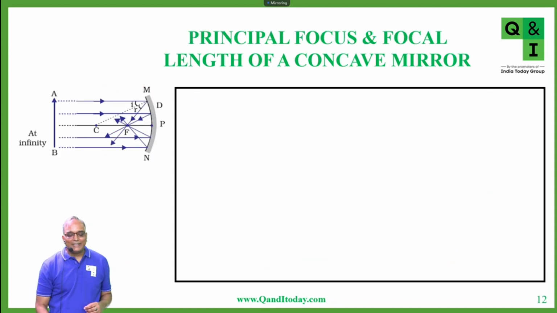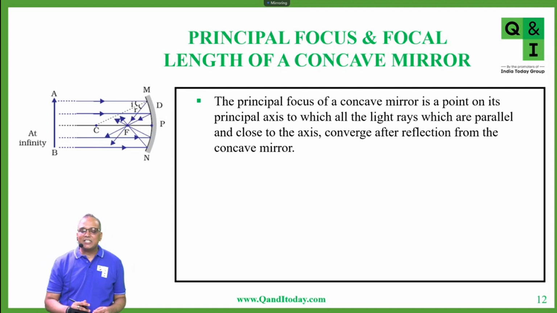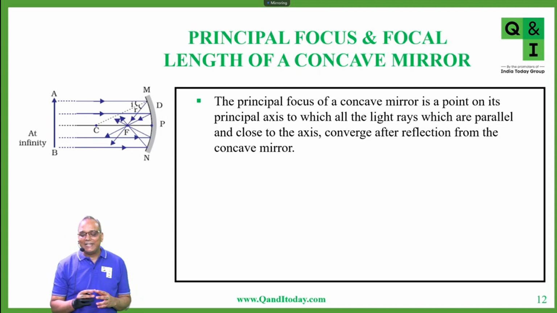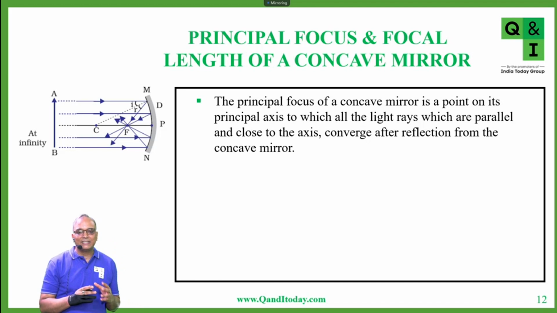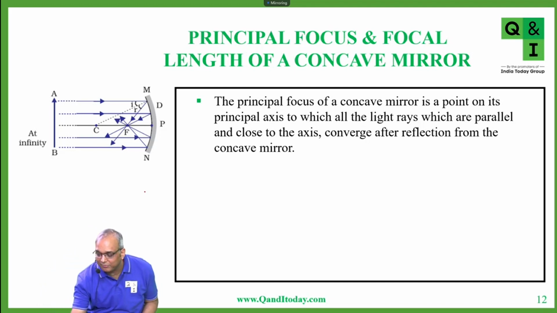Now, let us understand two very important terms, that is principal focus and focal length of a concave mirror. What is the principal focus and what is the focal length of a concave mirror? So let's understand, students. The principal focus of a concave mirror is a point on its principal axis to which all the light rays which are parallel and close to the axis converge after reflection from the concave mirror. Let's say you have this concave mirror.